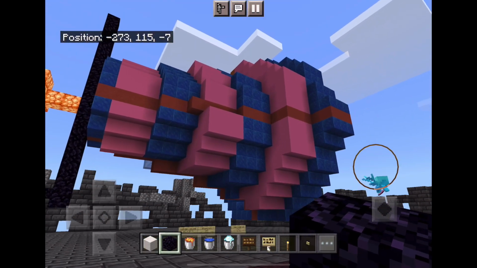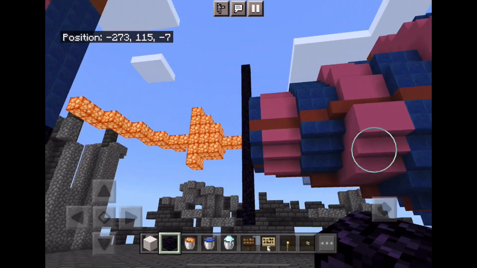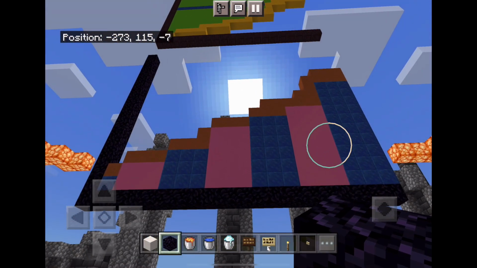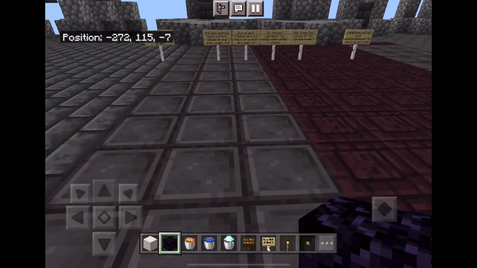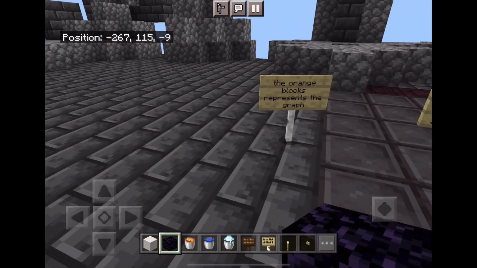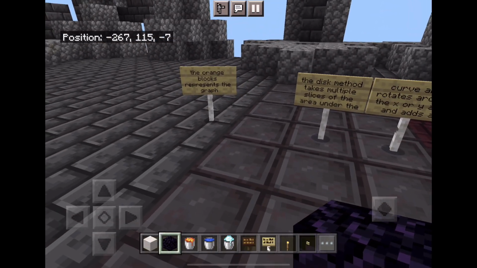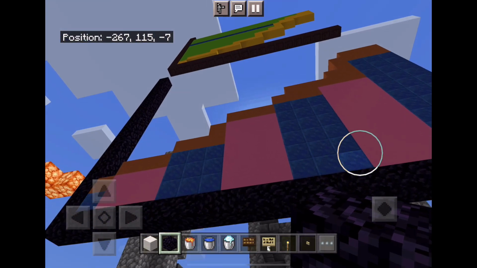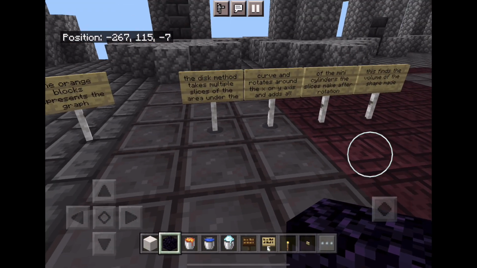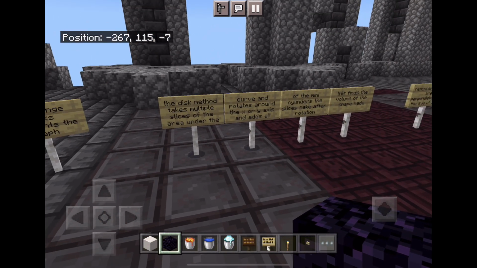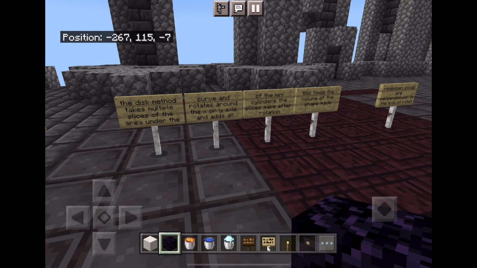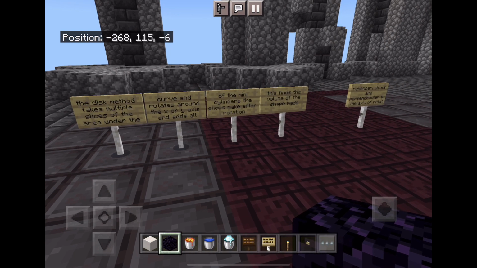So that's after rotation, and that's before I took strips. The orange blocks represent the graph up there. The disc method takes multiple slices of the area under the curve and rotates them around the x or y axis.